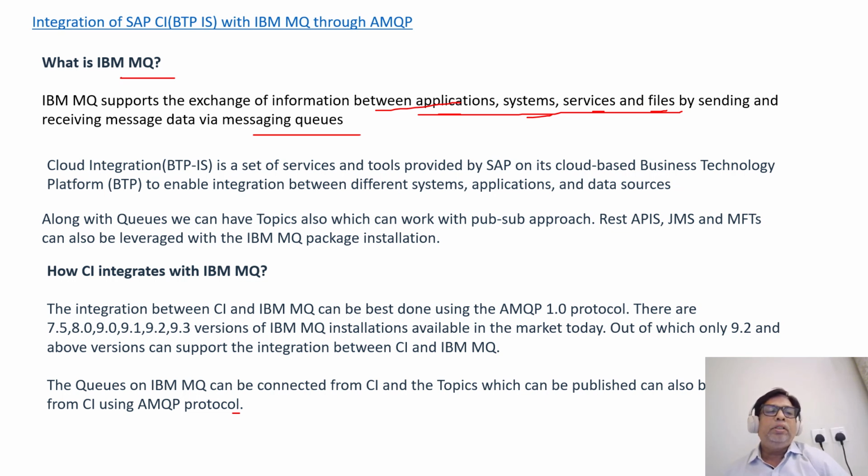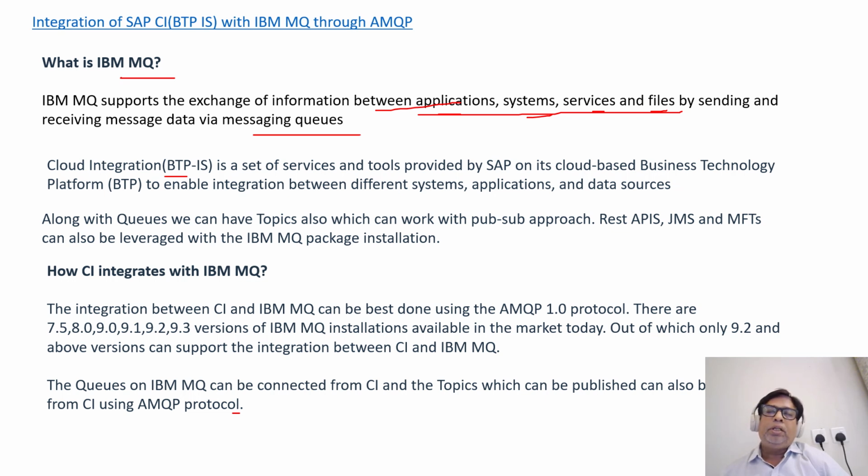Also cloud integration is one of the big options which we are going to take in the landscape, for connectivity in the high-level architecture. Generally, the SAP cloud-based technology platform BTP has the Integration Suite enabled, which has different systems, applications, and data sources.